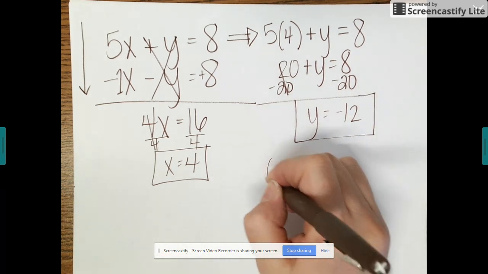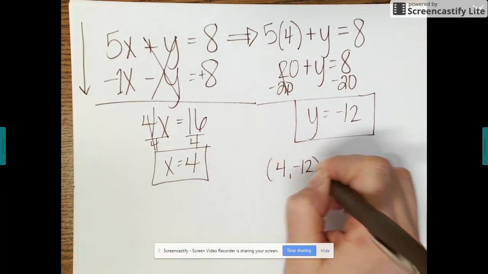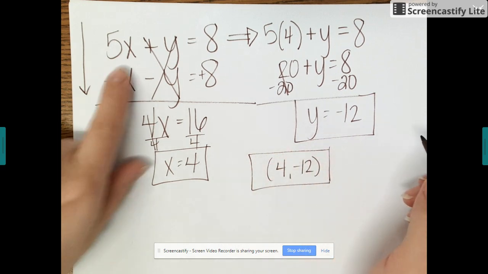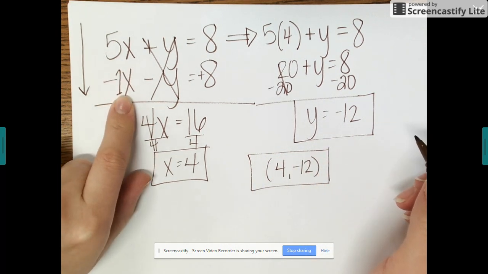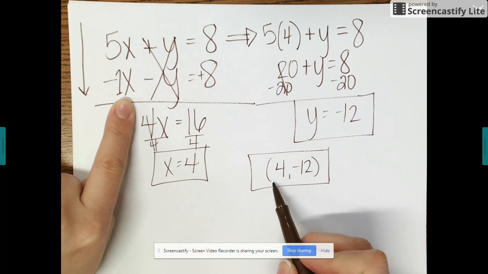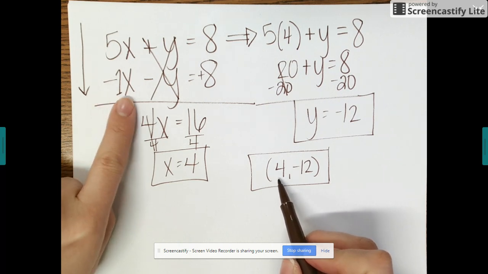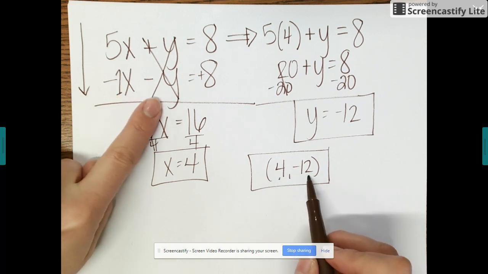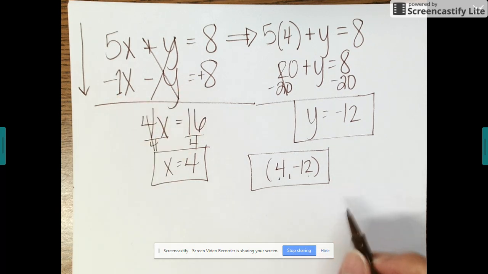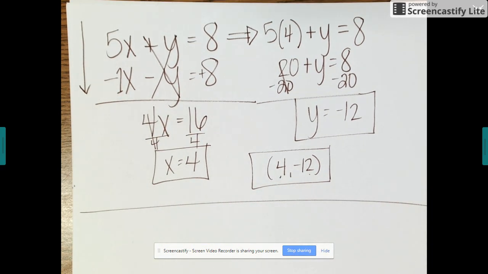So your ordered pair is 4, negative 12. Remember, you can check your answer, just plug them in. So that would be a positive 4. That would be a negative 4 plus 12 would be a positive 8. All right, so those are the easy ones.